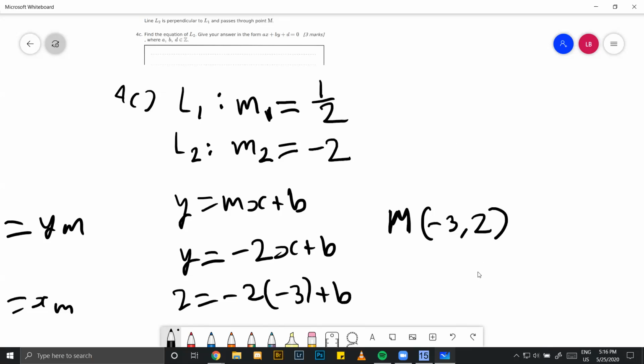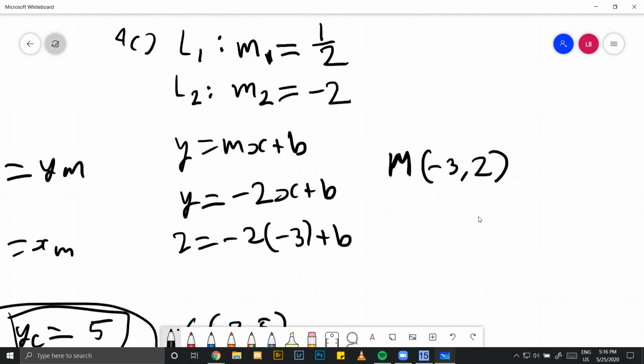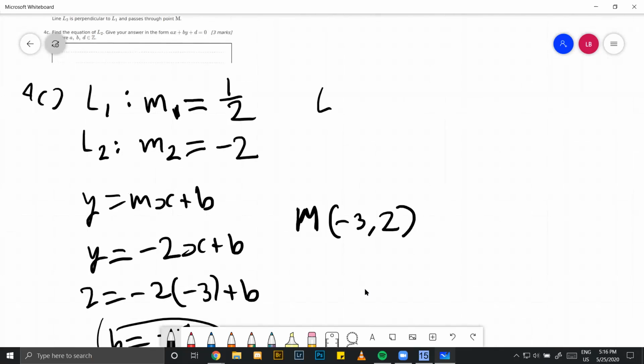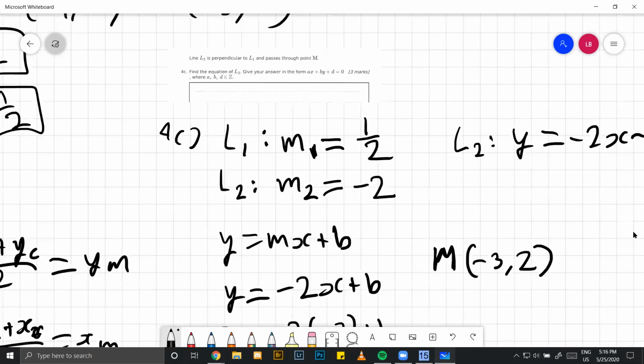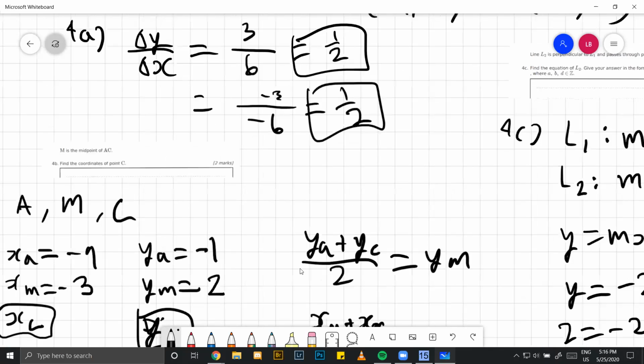Solving for b, b is equal to 6, and then that's -4. B is equal to -4. The equation of L2 is y equals -2x minus 4.